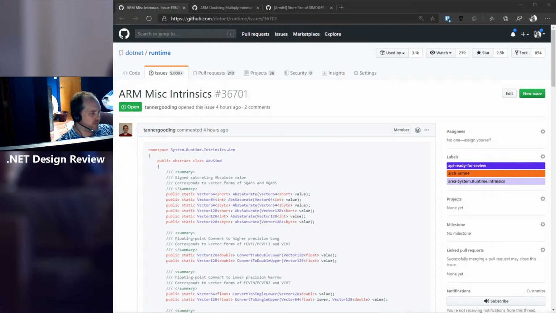So then which ones are we following up? Is it just the lower thing? Yeah, it's the usage of lower and upper, and if there are any places where the instruction can take a vector 128 and we've only exposed one version, requiring users to cast.